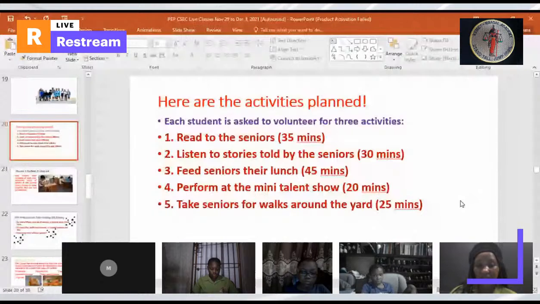Bear in mind, it must be at least 1.5 hours. When you're telling me the activities, you must tell me the times and how many hours and minutes they add up to. Tell me the 3 activities and the time it will take.